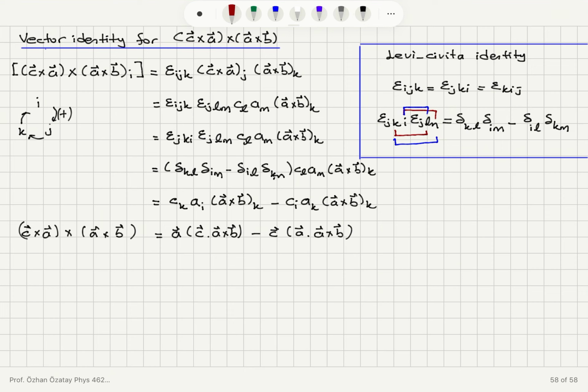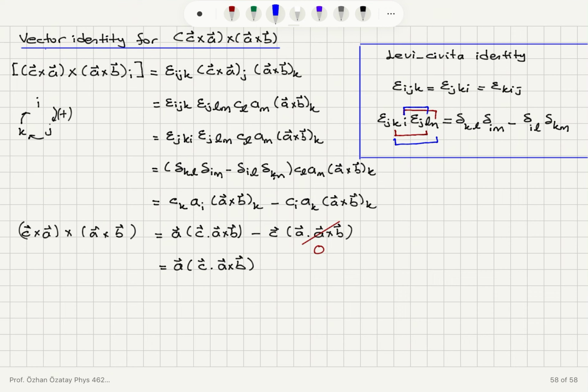If you take the dot product of A with A cross B, because A cross B is perpendicular to A and B simultaneously, this dot product will give you a 0, and therefore we find this vector identity that C cross A crossed with A cross B is vector A times C dot A cross B.